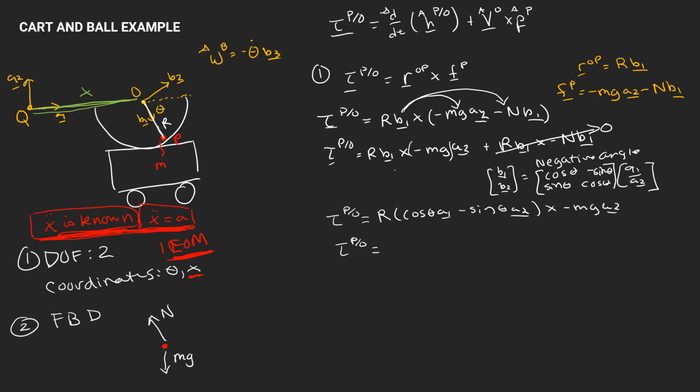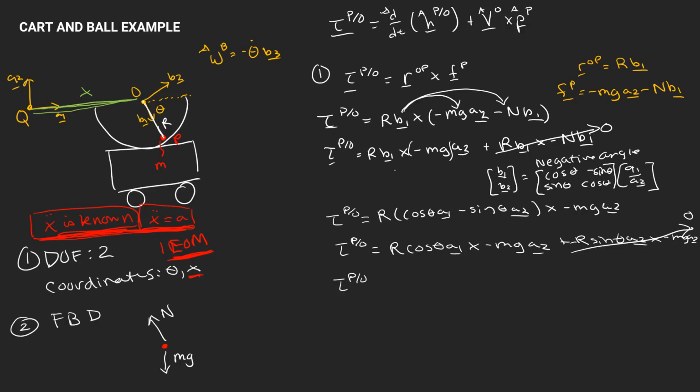And so we can again distribute this, so we get R cosine theta A1 crossed with negative mg A2 plus negative R sine theta A2 crossed with negative mg A2. And again, you have two A2 terms, cross product between them, so this whole term goes to 0.